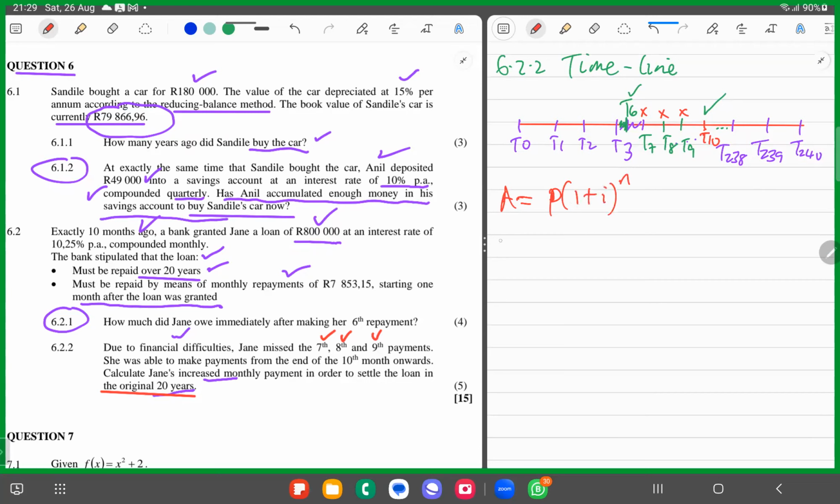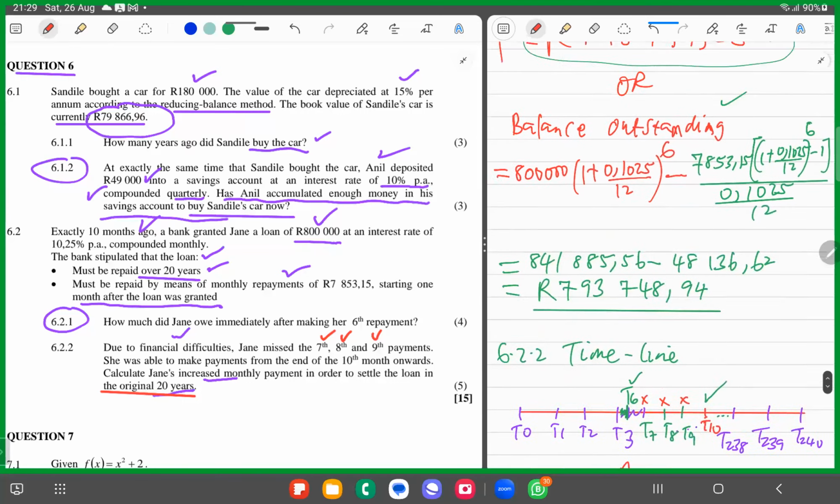So if you don't pay the debt, you don't pay your car, you don't pay your house, you jump the payments, then they're going to increase. You're going to owe more and more if you decide not to pay, or there are challenges because you can't pay, and then you're going to owe more and more because the interest and the debt grows.